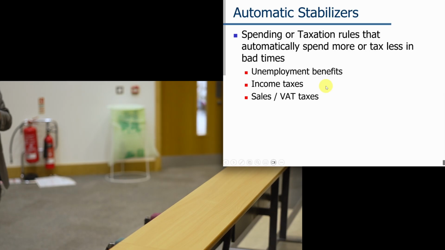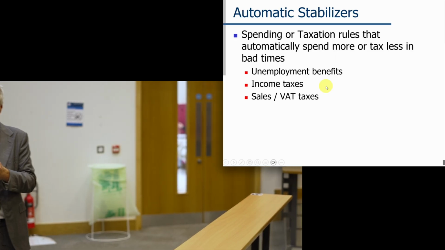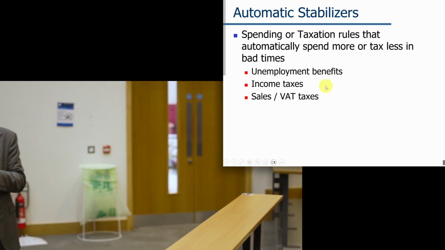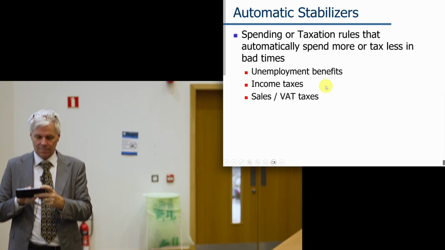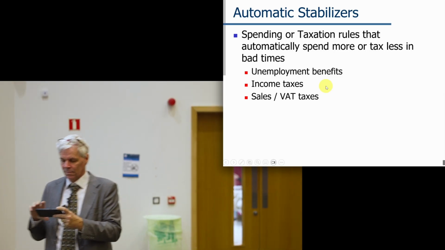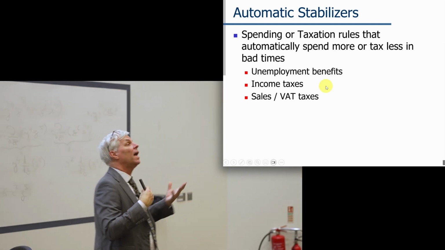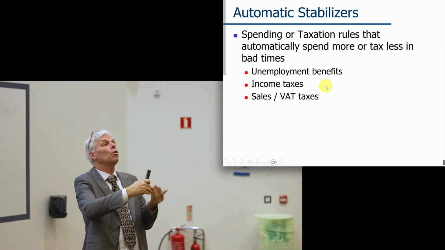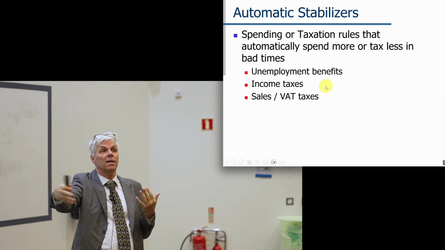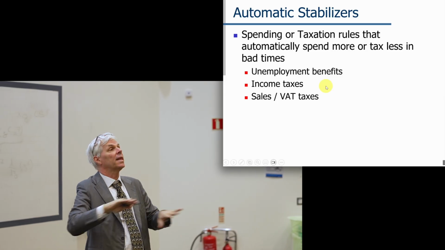I wasn't there, what would I know? But this is a huge change, because that whole year of delay before you start spending, before you start changing your taxes, that's gone.